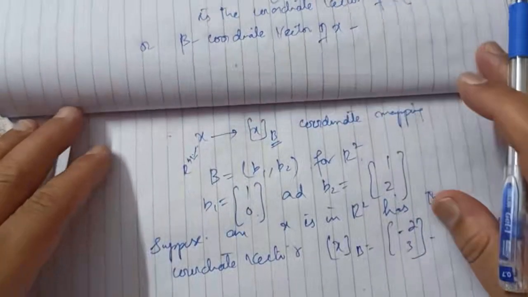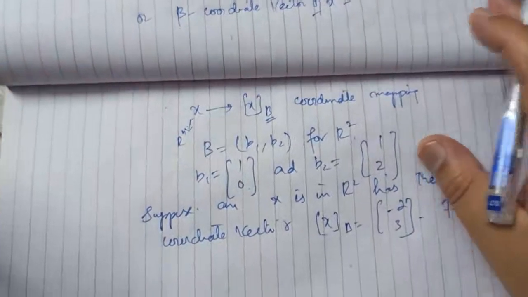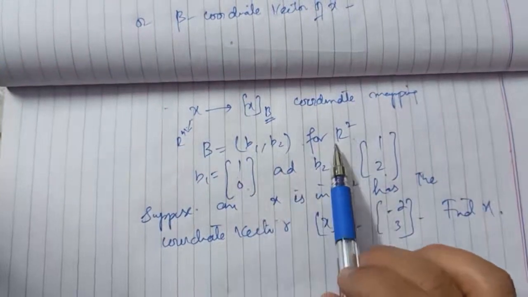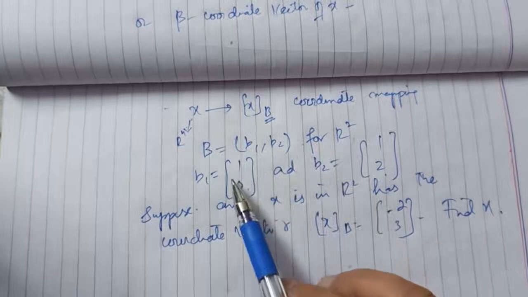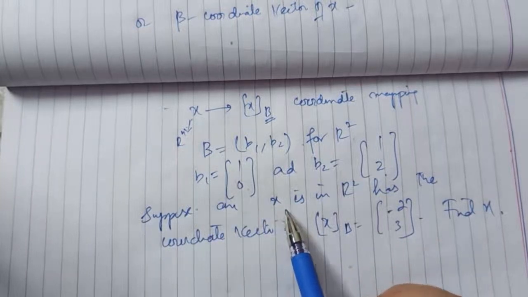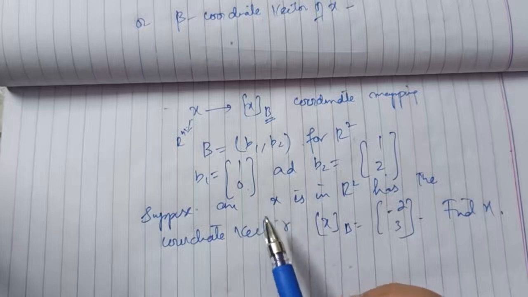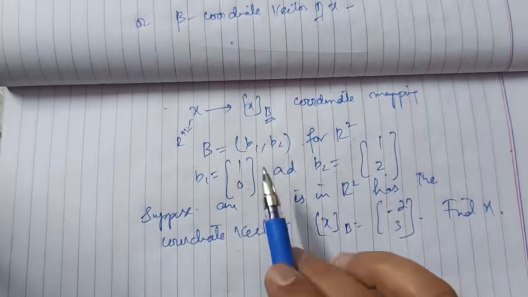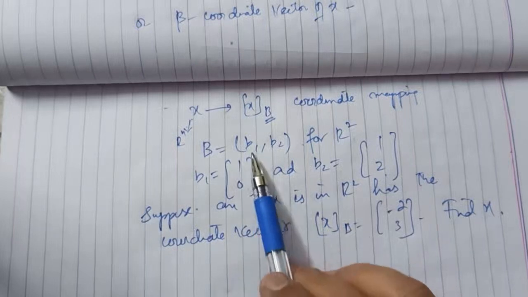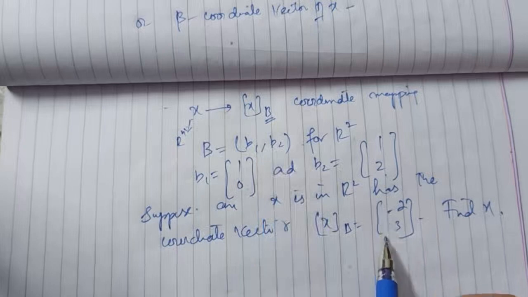So what we have been told here is that these are two vectors b1 and b2, which are the basis of R square. Now suppose there's an x vector which is in R square, this vector space, and whose scaling factors on b1 and b2 are given by -2 and 3.